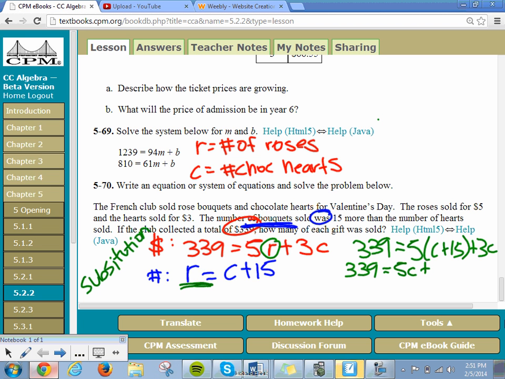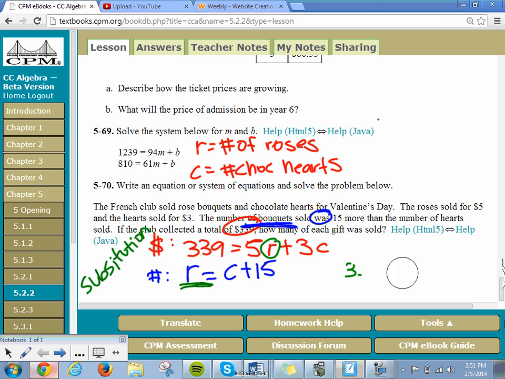When we simplify that, 339 is equal to 5C plus, let's see, 15 times 5 is... oh, I put wrong numbers in my calculator. 15 times 5 is 75. So plus 75 plus 3C. I'm next going to combine my like terms.